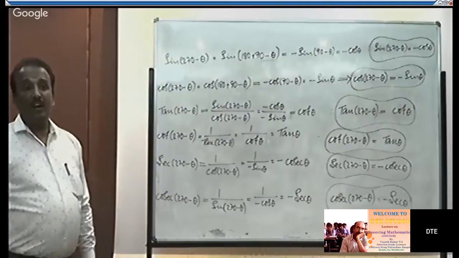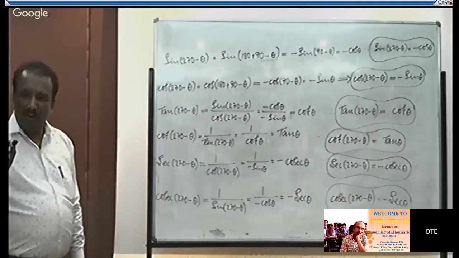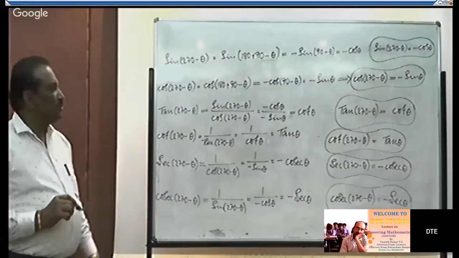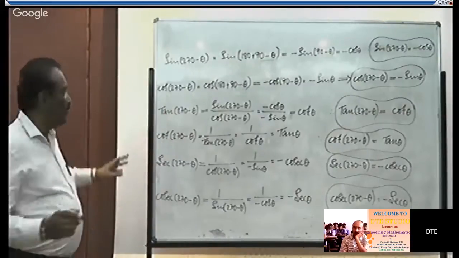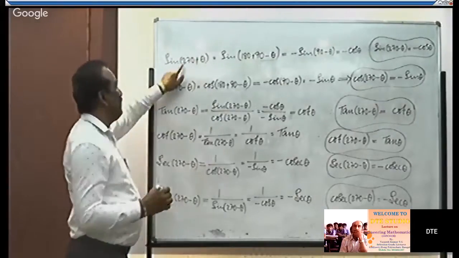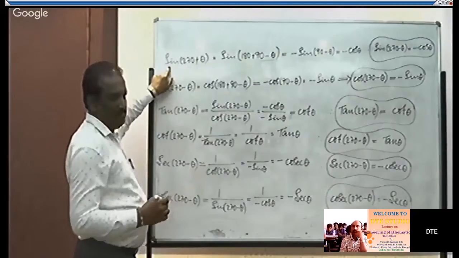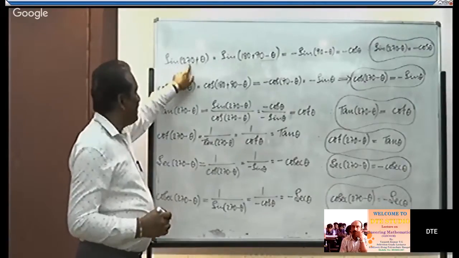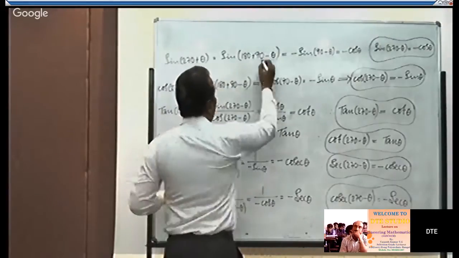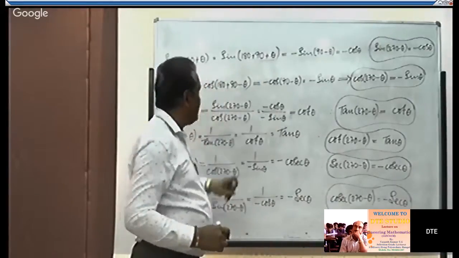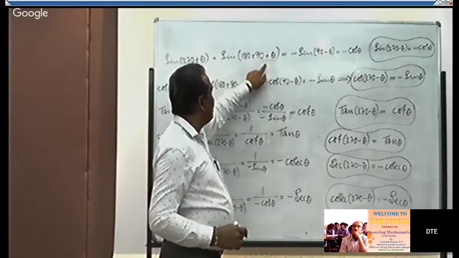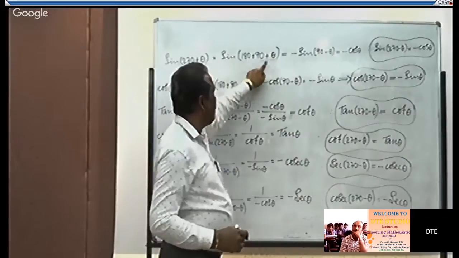Now, try to connect all the 6 trigonometric functions again for 270 plus theta. I just adjust these results by doing a small correction. We are going to connect 270 plus theta for sine. Again, 270 plus theta you can split as 180 plus 90 plus theta. Write down the plus theta as it is, and assume 90 plus theta as theta. Then it becomes sine of 180 plus theta.